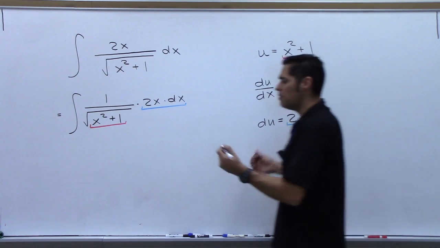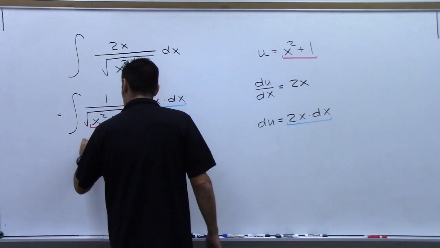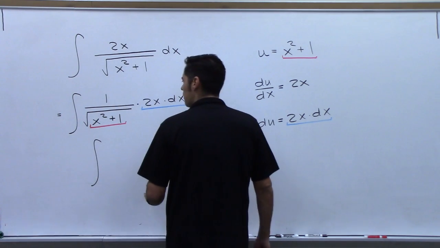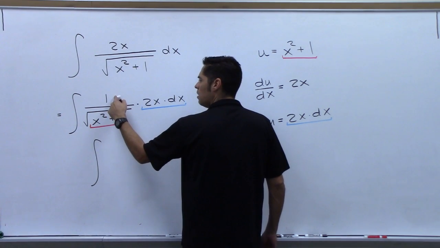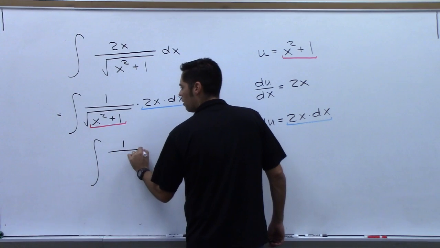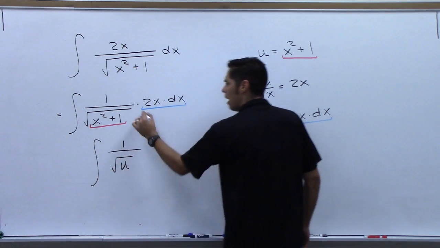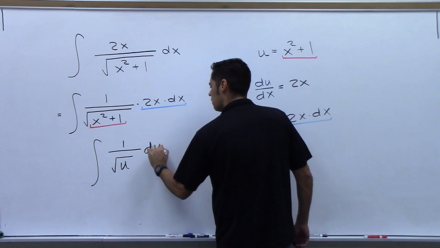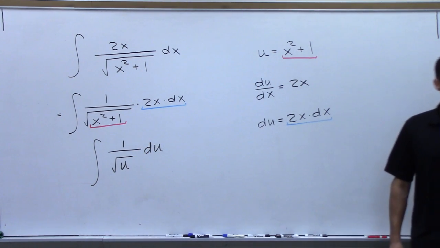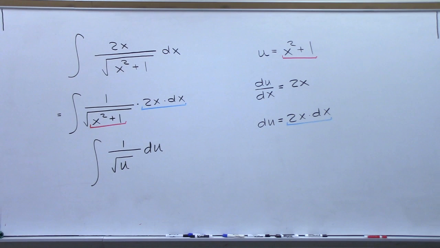So if I were to now go ahead and make the replacement, this would be integral, and then what? 1 over square root of u, and then this would be du. Yeah? Okay, but what do you do with that?